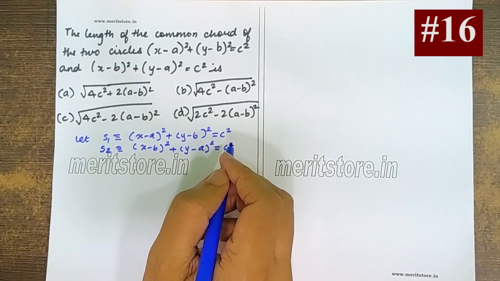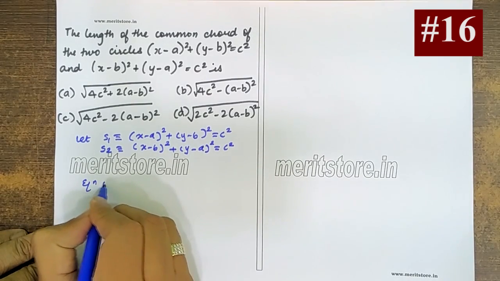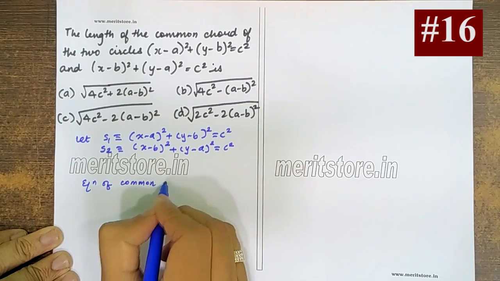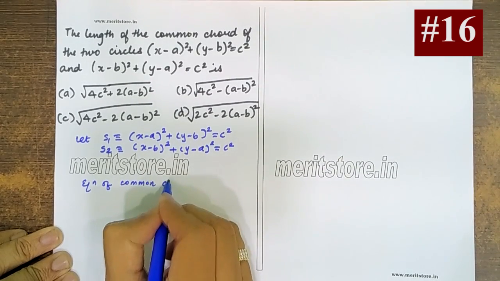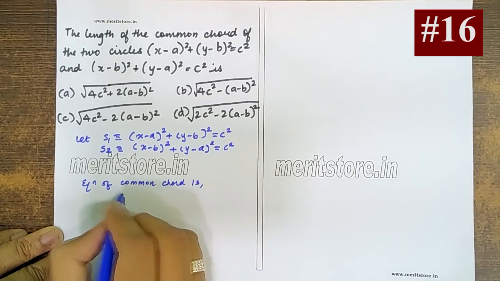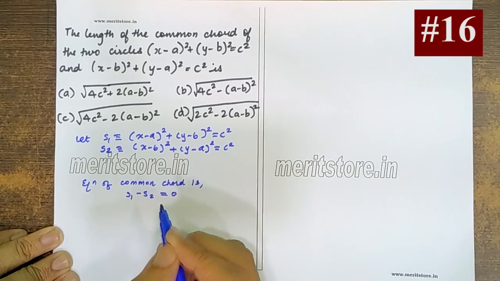Now the equation of common chord is S1 minus S2 is equal to 0.